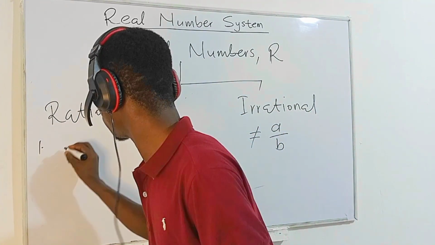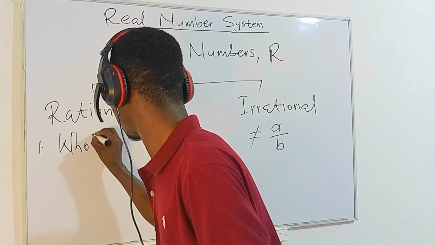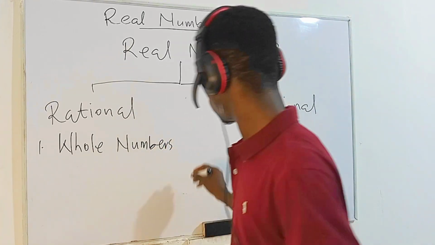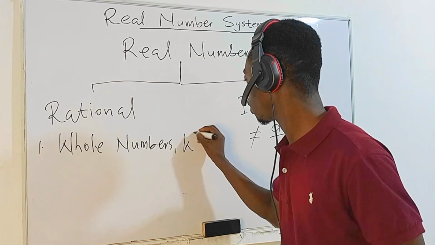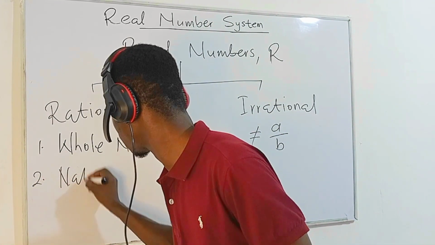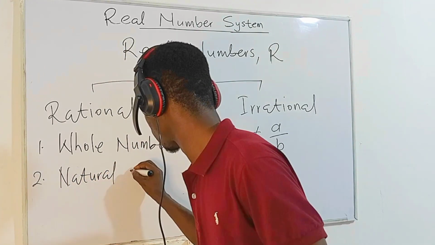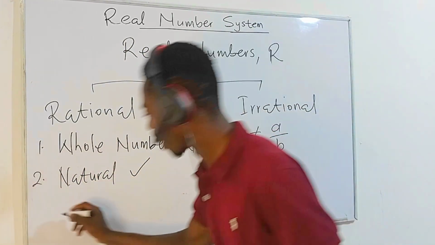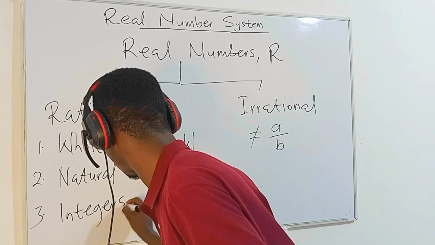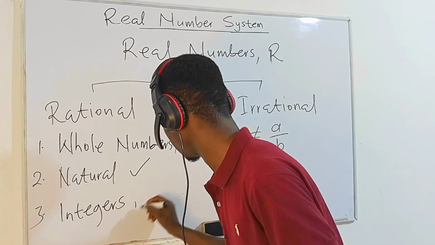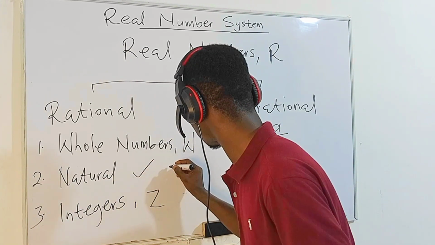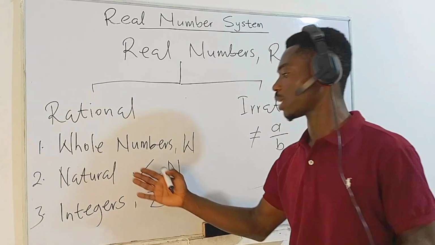The first one is whole numbers, which are represented by capital W. Then next we have natural numbers, also called counting numbers, represented by capital N. And lastly, we have integers, which are represented by capital Z.